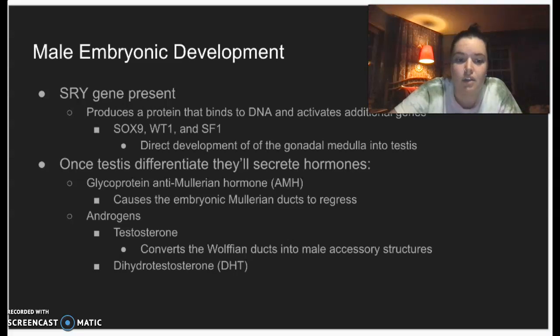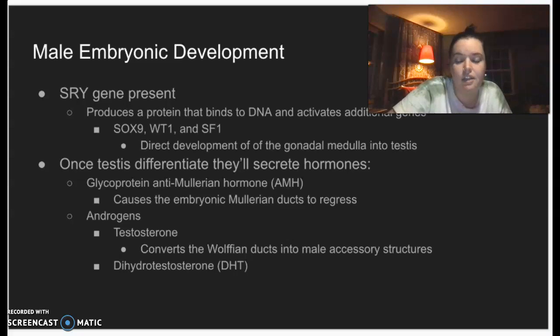These accessory structures consist of the vas deferens, the epididymis, and the seminal vesicle. Testosterone will then later control the migration of the testes from the abdomen to the scrotum, and the remaining sex characteristics of the male are controlled by DHT.